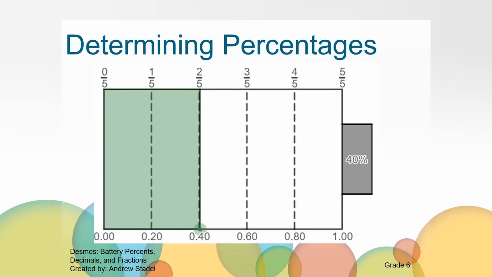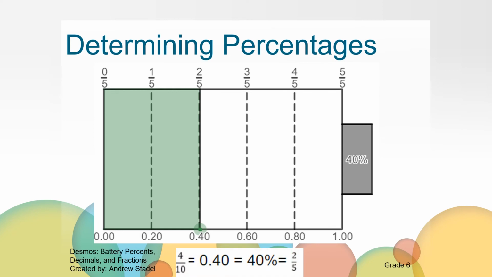Each part is 1/5 of the total battery life. I could also name each fifth as 20% of the total battery life. Since I have 2/5 of my total battery life shaded in, I could name this as 40 hundredths or 40%.